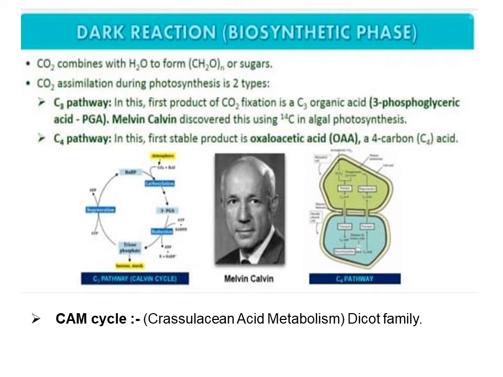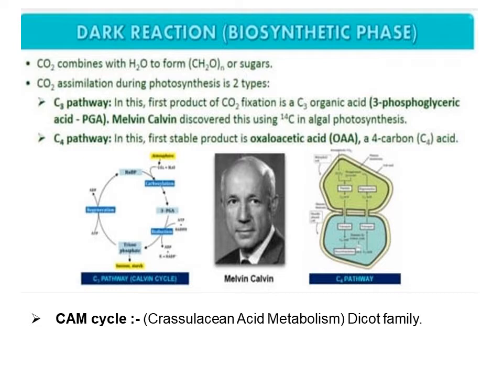Another cycle was the C4 pathway. In this, the first stable product is oxaloacetic acid, OAA, a 4-carbon acid. Scientists conducted a wide range of experiments over plants, which led to the discovery of another group of plants with a different first stable product.